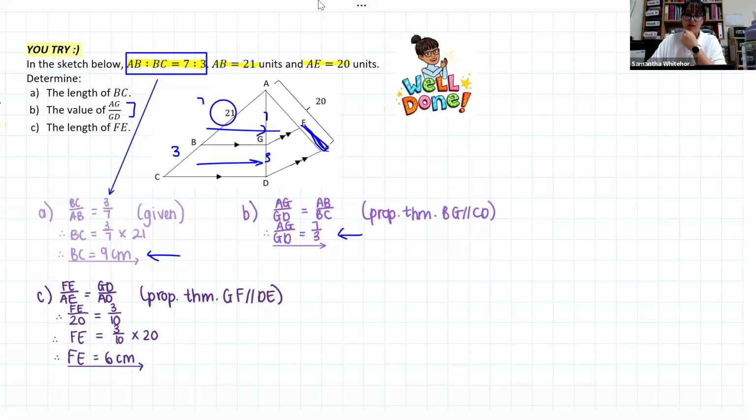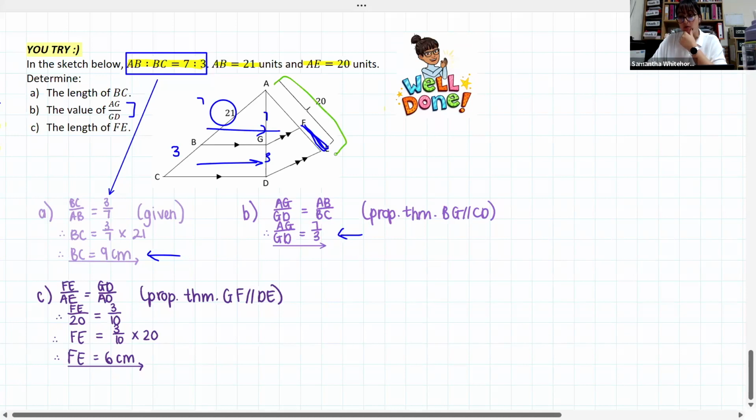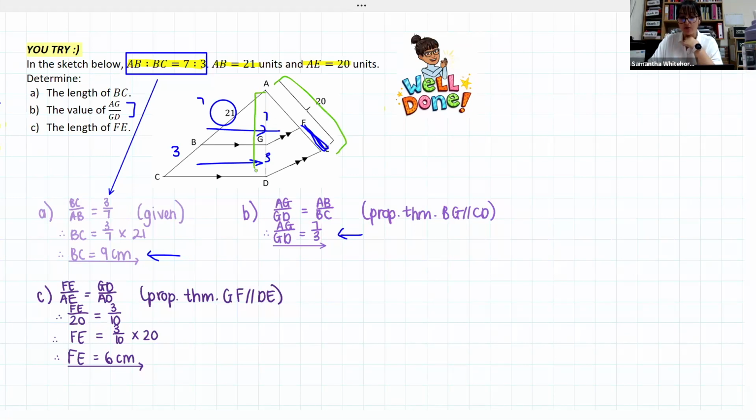Now, just remember, AE is the whole side, which means that the ratio for this whole side would be 7 parts plus 3 parts. So that's where I'm getting the 10 parts from. Okay, so just remember that. But set up your ratio exactly like we've been doing and solve for your unknown.